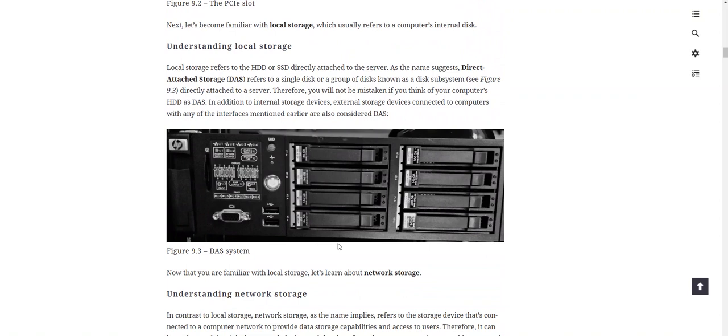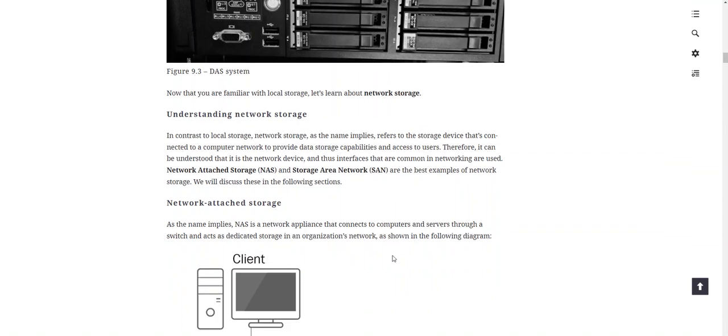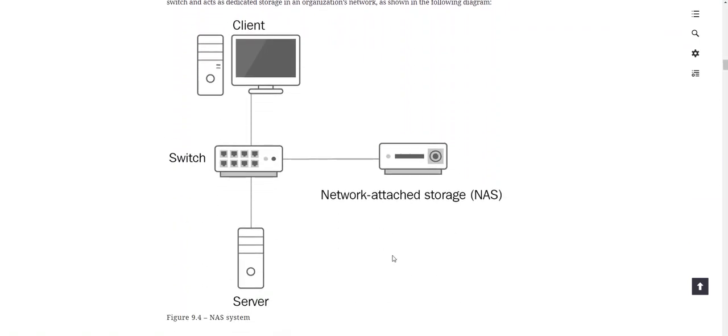We can have local storage and deal with direct attached storage, which is a device that is directly attached to the motherboard. Or we can have storage that is connected over the network.